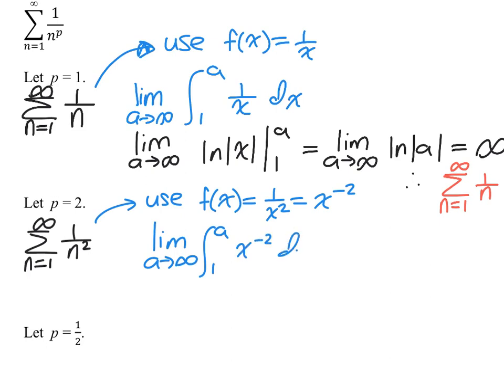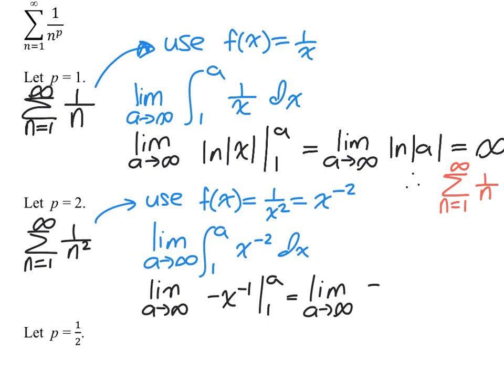I'll just write that in dx. Save myself a little step there. So increase the exponent by 1, divide by the new exponent. So negative x to the negative first, going from 1 to a. Be the limit as a approaches infinity of negative 1 over a minus negative, so plus 1 over 1, so 1.